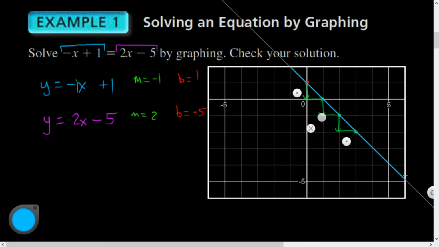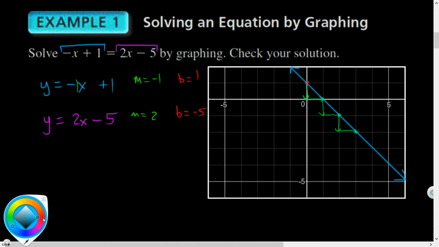And our solution, we are only going to be interested in the x-coordinate of your intersection. So there's my first line. The next line had a y-intercept at -5 and a slope of 2. So going up, and there we go. Up 2, over 1, up 2, over 1.